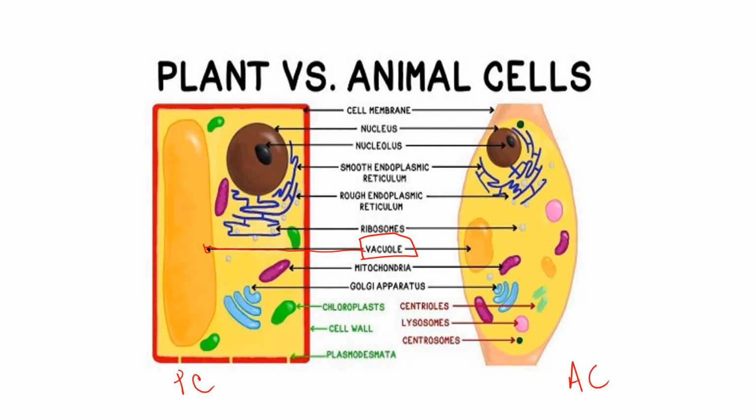You can see here that in the plant cell the vacuole is really of a bigger size, whereas in the animal cells the vacuole is very small, and sometimes certain animal cells do not have vacuoles at all. So this was what it has said in your book.